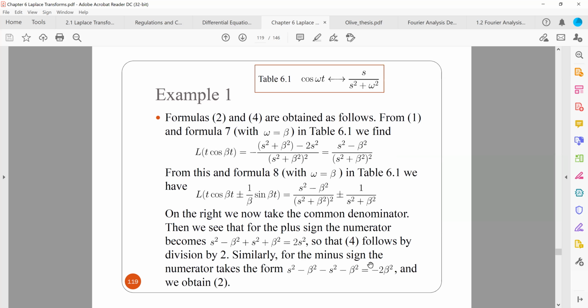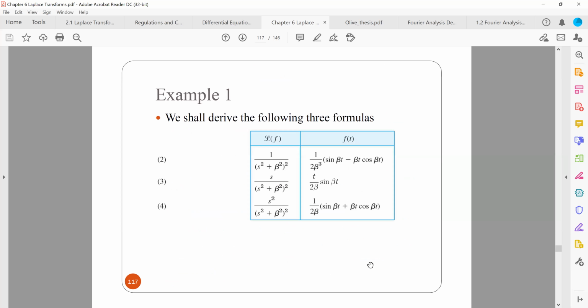Again, you put the minus sign for the minus, because they want us to end up with 1 over s squared plus beta squared squared. So you have to divide by that beta squared.